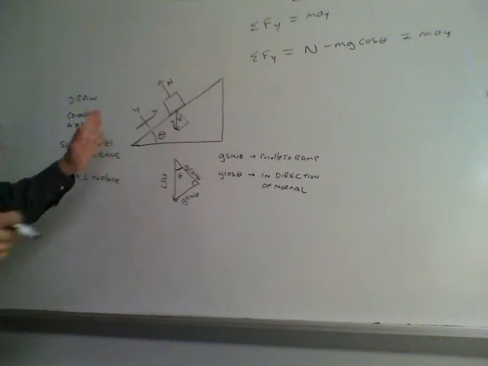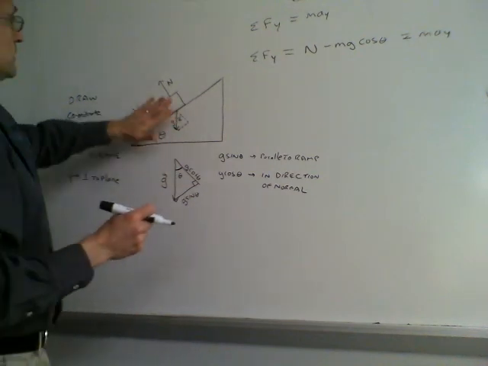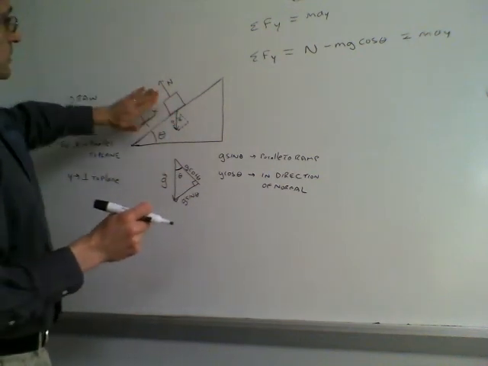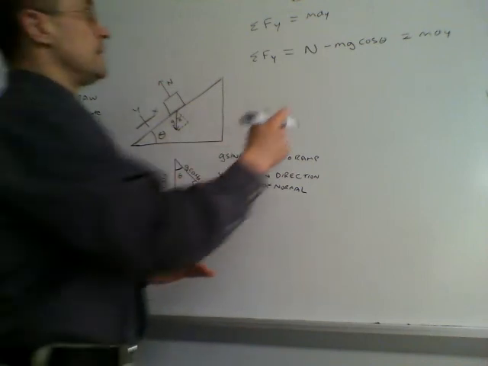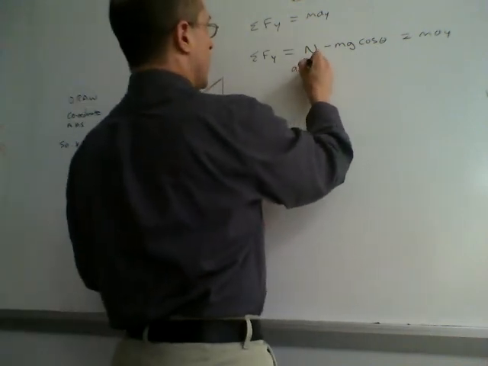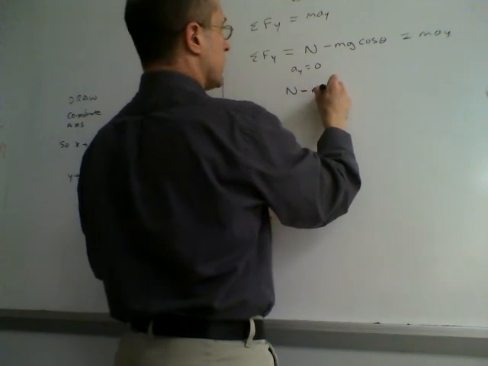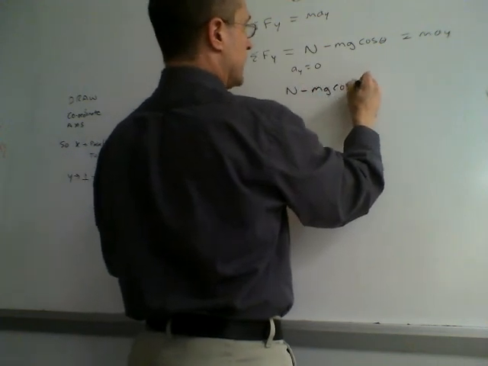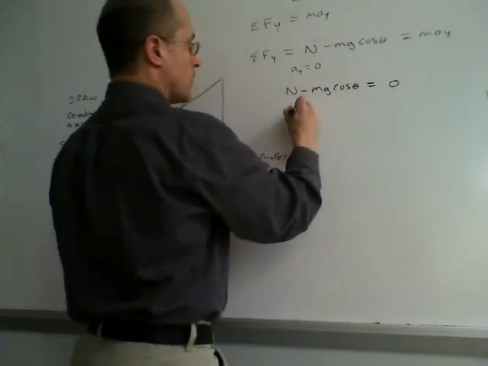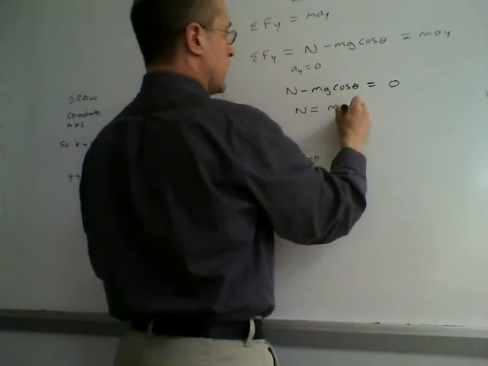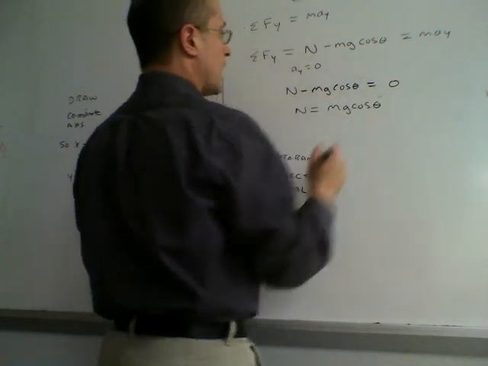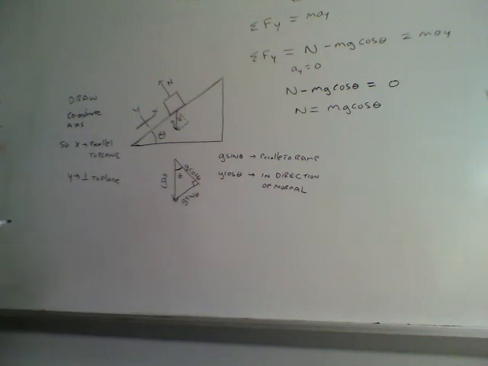But as usual, since our object isn't moving up in the direction of the normal or going through the plane, we say that AY is equal to 0. So N minus mg cosine theta equals 0, or the normal force is equal to mg cosine theta on an inclined plane.